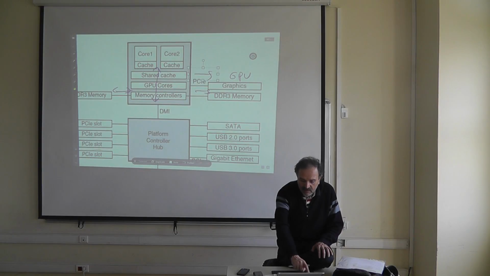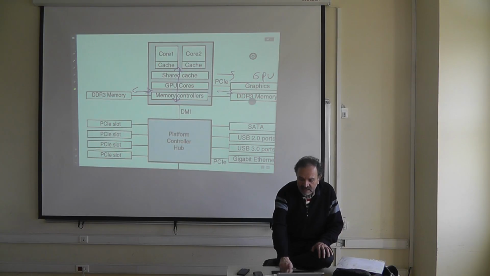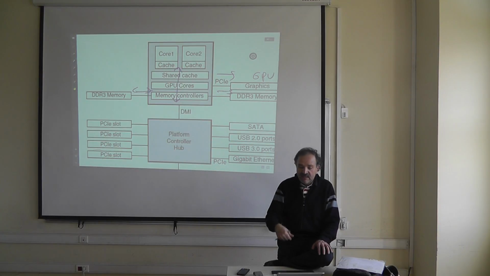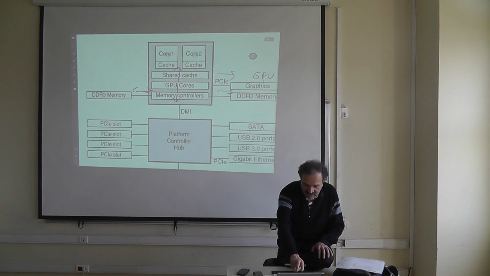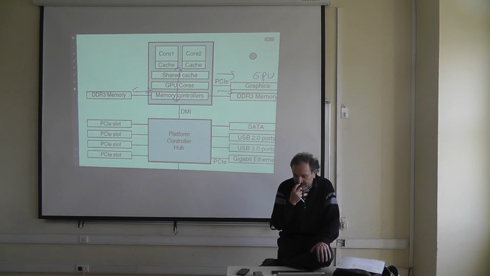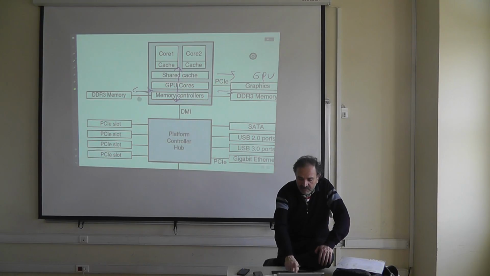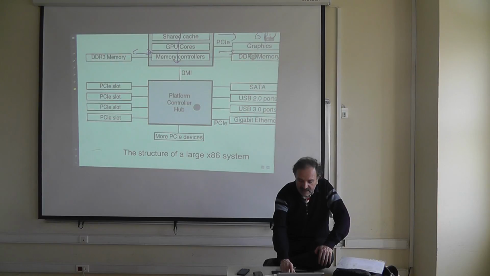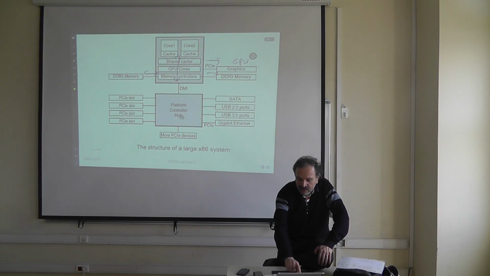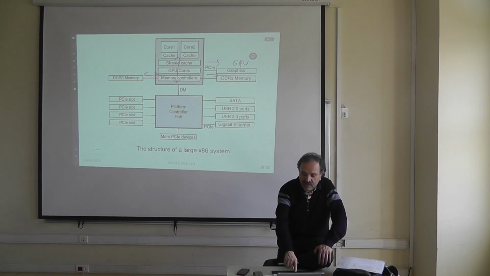Okay, so memory, you need to access the memory in a very efficient way because we need data, even though it is slower than the caches and the registers inside the core, still we need to access it very, very fast. That's why their buses are different. And then there is the platform controller hub. There are many buses, many slots connected to this device, and we have this bus.